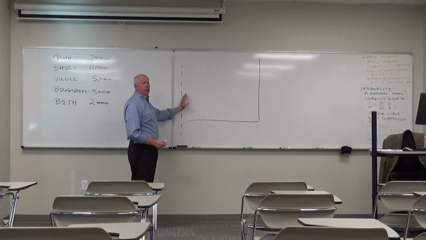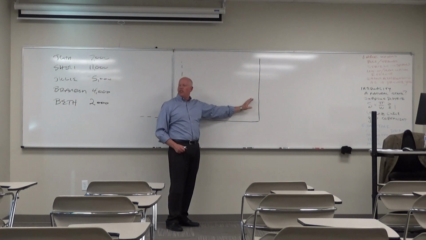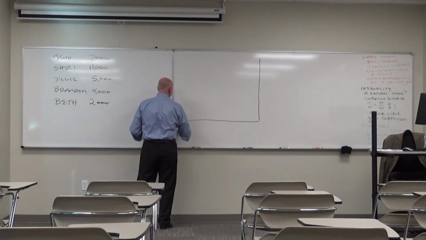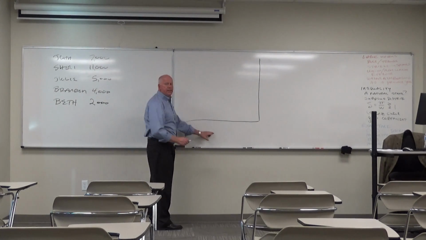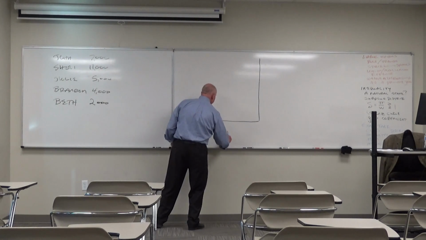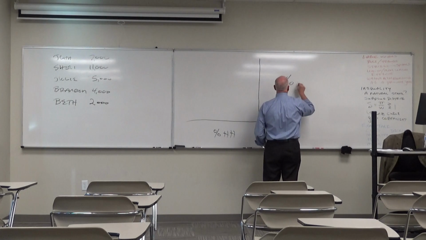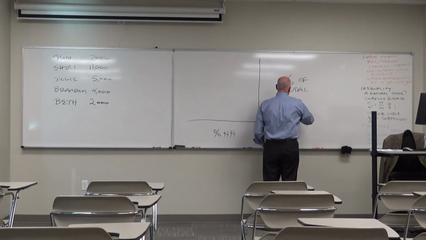I'm just going to telegraph the y-axis values to the other side, because for some reason I like to see it like this. Okay? Just the way it's done. So it's still a Cartesian coordinate, it's still an xy space, but in this space we've got percentage of households, and in this space we have percentage of total income.